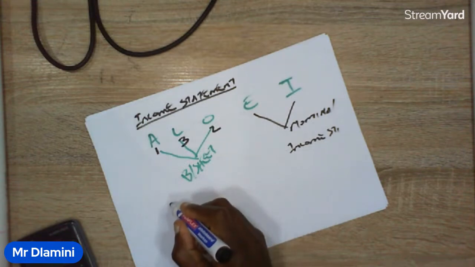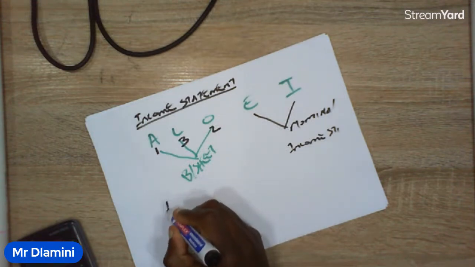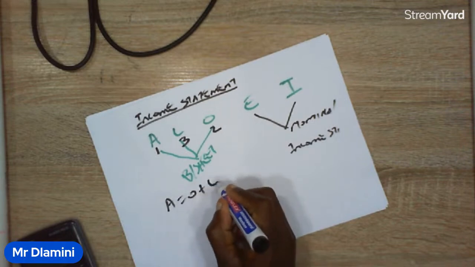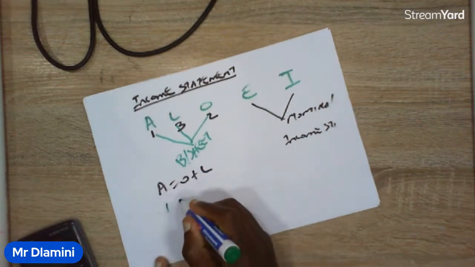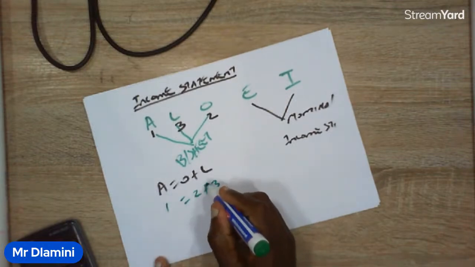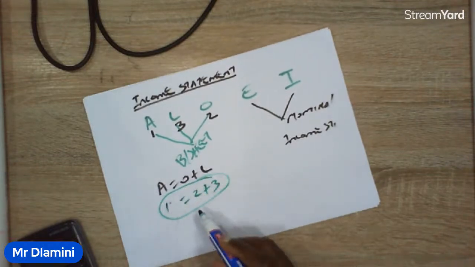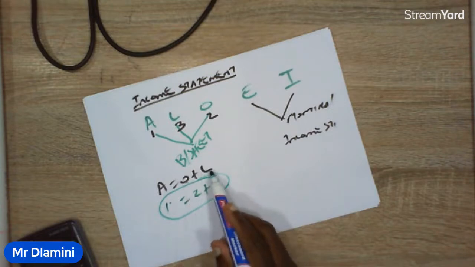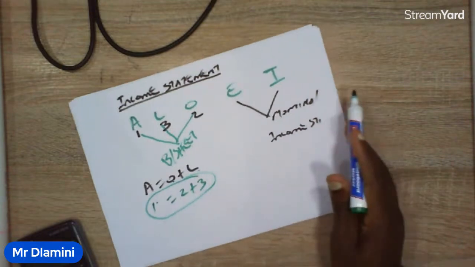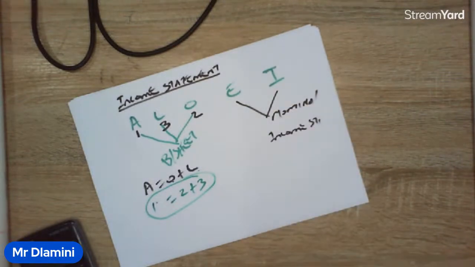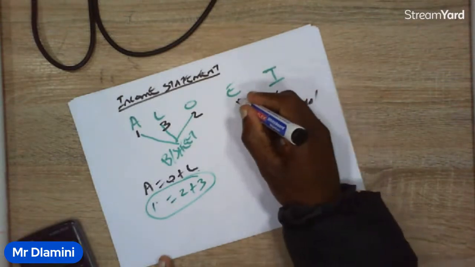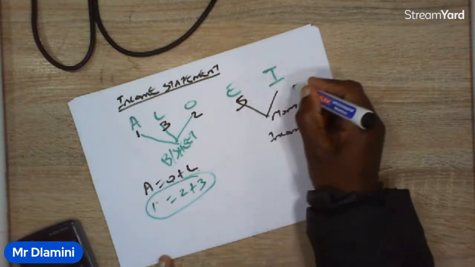So with balance sheet, this is 1, this is 2, this is 3. This is the balance sheet. So which means A is equal to O plus L, remember? So which means for the balance sheet, this is 1 is equal to 2 plus 3. So you start with the assets, equity, and liability. For the income statement, this is 5 and 4.